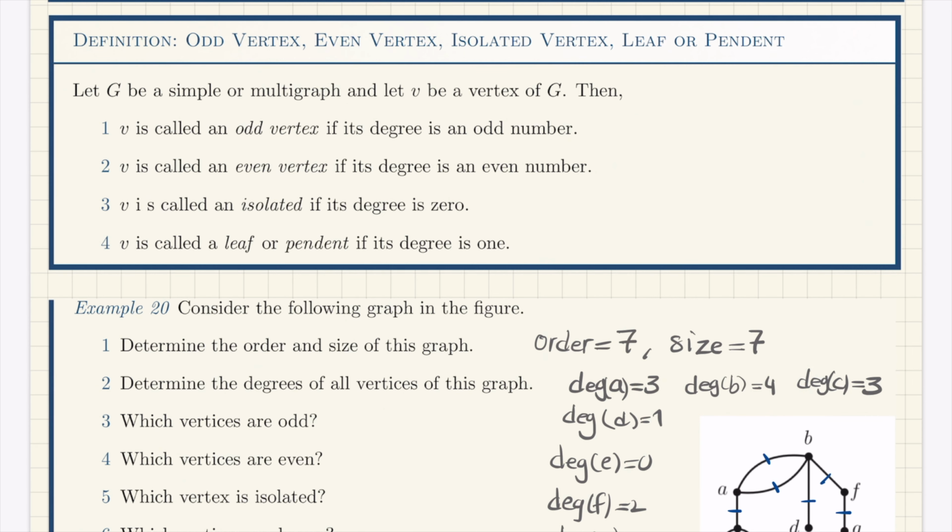So if I add them up, it is 14. Now let me count the number of edges. So how many edges are there? I have already calculated actually, but let us count it once more. 1, 2, 3, 4, 5, 6, and 7. So the size is 7. And if you double 7, it becomes 14. And 14 was exactly the number that I got by adding the degrees of vertices.